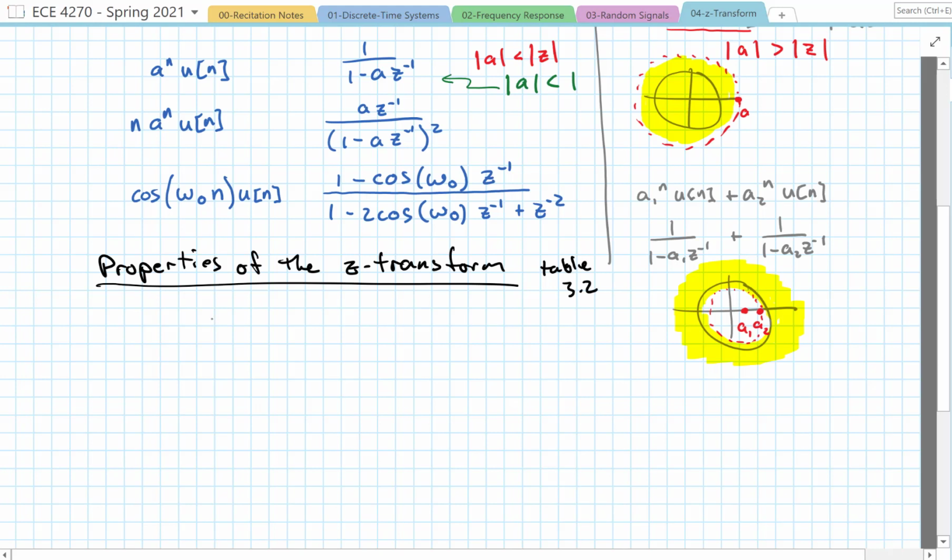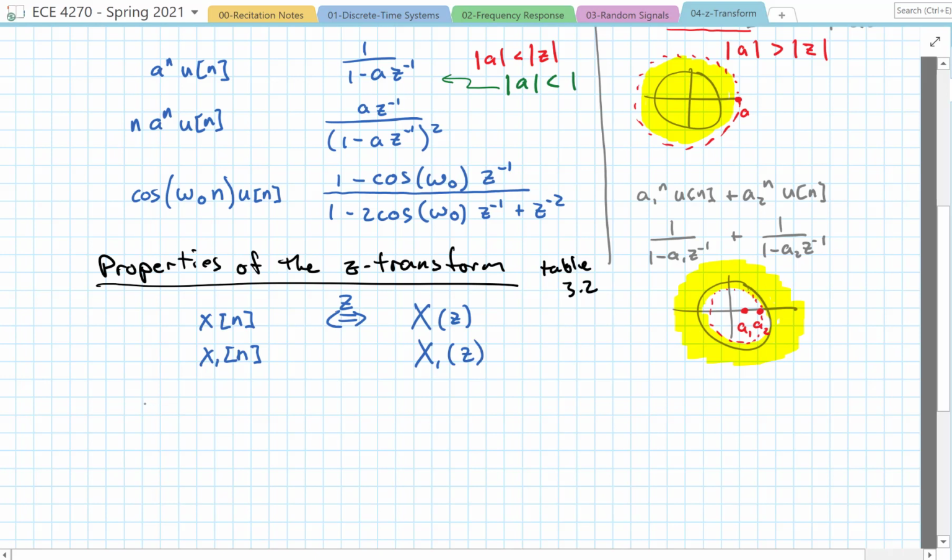So assuming that we have x of n, which by the Z-transform goes to x of z. And we'll also assume that x1 of n transforms to x1 of z, and so on and so forth.